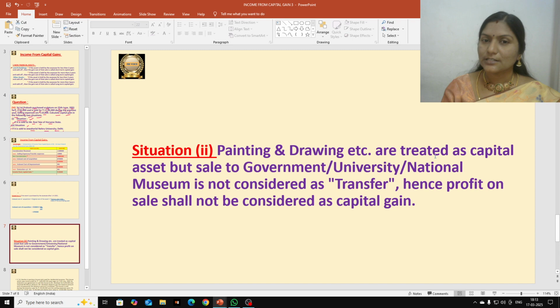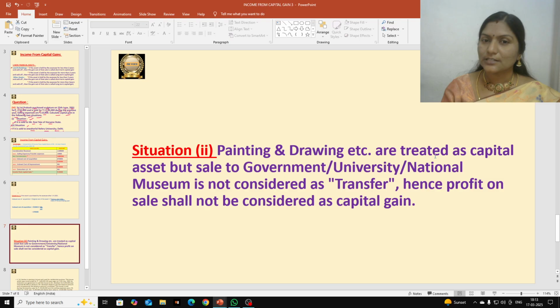Painting and drawing etc. are treated as capital asset, but sale to government, university, national museums is not considered as transfer. Actually, painting, drawing, all this can be treated as capital asset, but if that is sold to any government or university or national museum, then we can't treat it as transfer. Okay, so we need not calculate profit on sale.